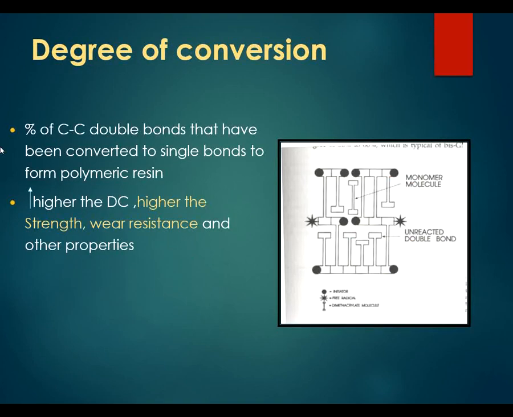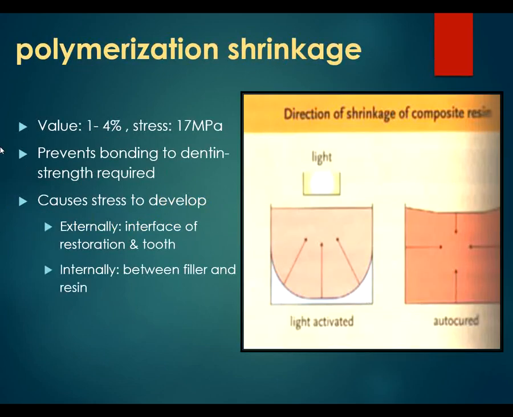Degree of conversion is the percentage of carbon-carbon double bonds that have been converted to single bonds to form polymeric resin. The higher the degree of conversion, the higher the strength, wear resistance and other properties of composite resin.